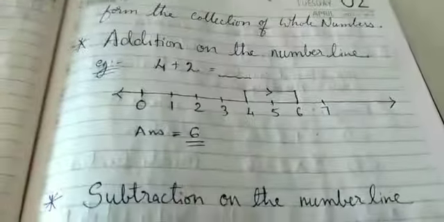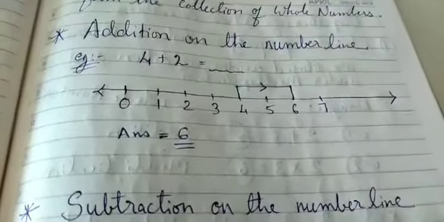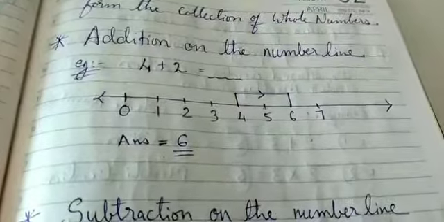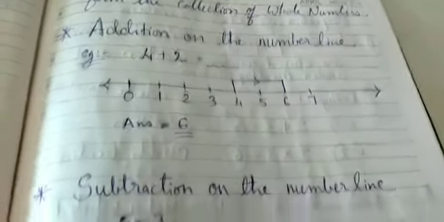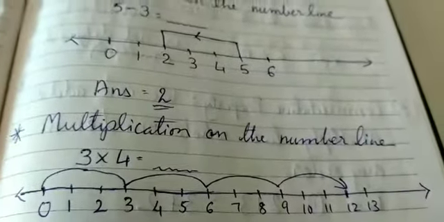Now today I'll show you how number line is helpful in adding 2 single digit whole numbers, or subtracting 2 single digit whole numbers, or multiplying 2 single digit whole numbers.